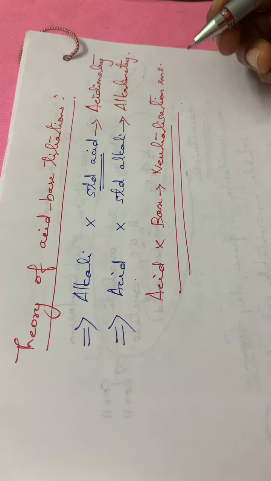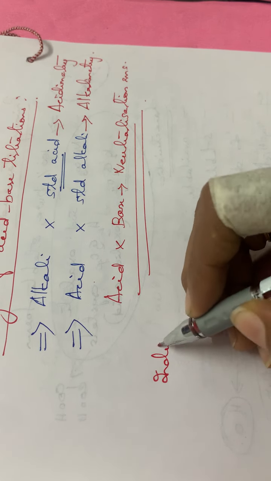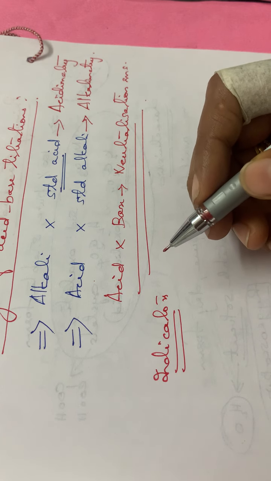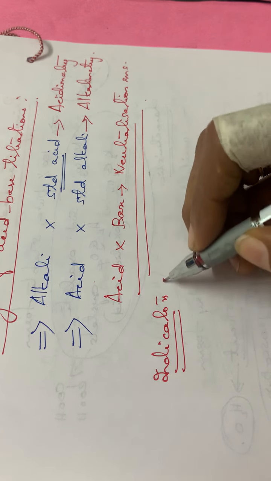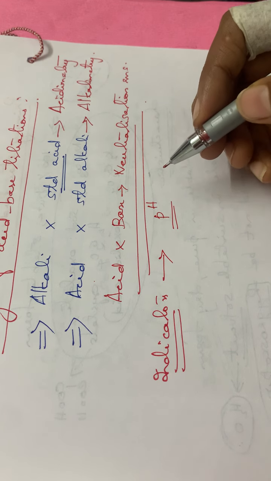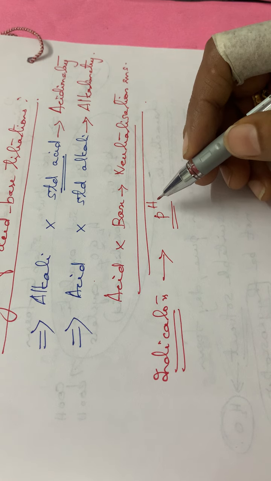Then, in the case of acid-base titrations, we will be using some indicators. These indicators are normally pH dependent. They depend on the strength of the solution, or the pH of the solution.